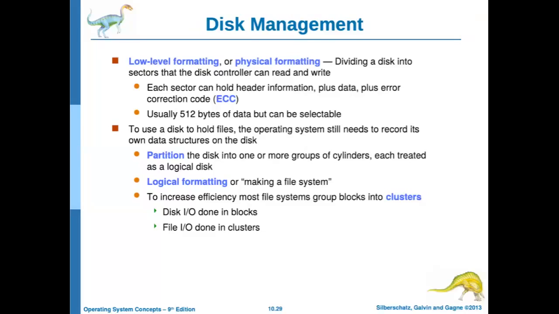So that is what the logical formatting is there. First, we need to have a group of cylinders that will be treated as a logical disk. That is what we call a D drive. And when we format it, that is the logical formatting. So two levels of formatting, always remember. Physical formatting, that is required for the disk controller. And logical formatting is required for making the file system. Okay. Always remember, whenever there is a problem with the hard disk, the complete hard disk, it is a problem with all the partitions.